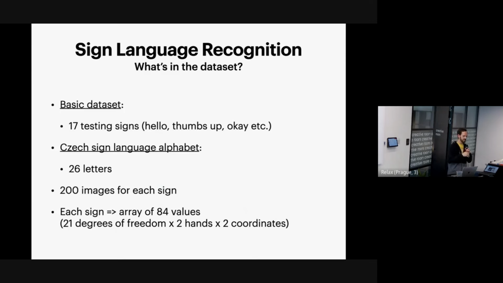So, as a person who does not use sign language, what do you do when you want to make the data set and you don't want to just download something off the internet and you want to make it yourself? So my basic data set was just, as a proof of concept, a small basic data set, which in my case I call testing signs.